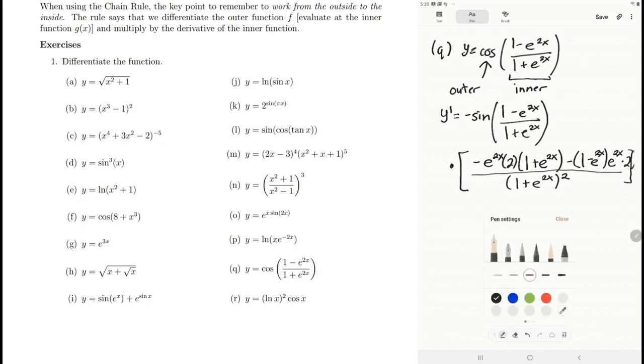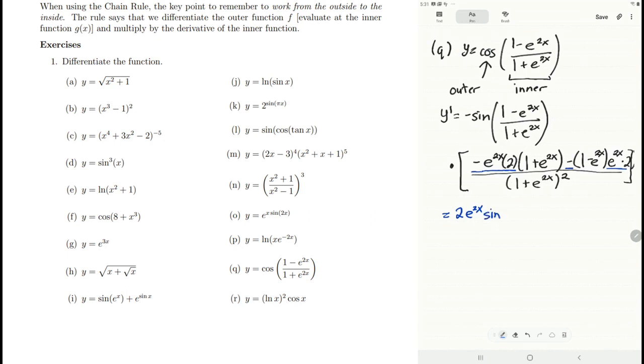So if we look in the square brackets, we have a common factor of e to the 2x and a 2. And if we want, we can also take out the negative as well. And so if we factor out all of these terms, you will get 2 times e to the 2x. So we had a negative originally, and we factor out a negative, which will make it positive.